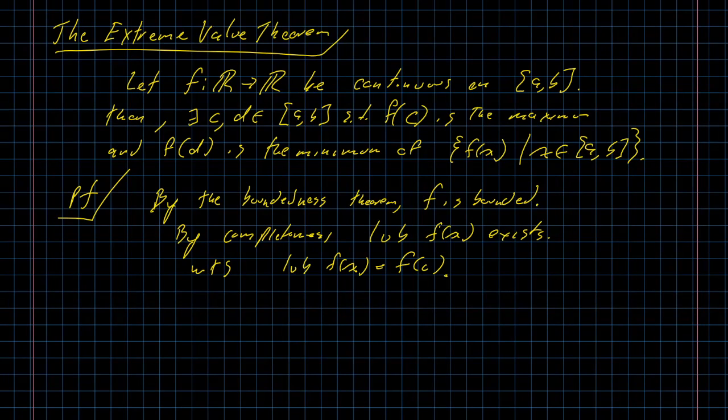By the boundedness theorem, we know that this function is bounded. By the completeness theorem, we know that if we have a bounded set, the least upper bound exists. Our goal is to simply show that that least upper bound is, in fact, the value of the function.